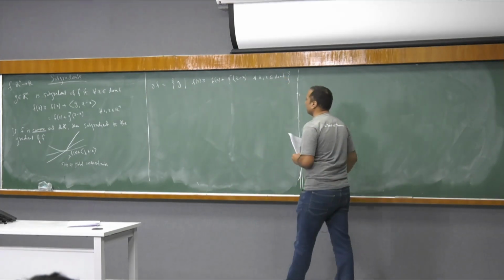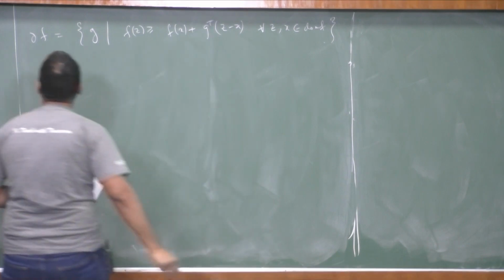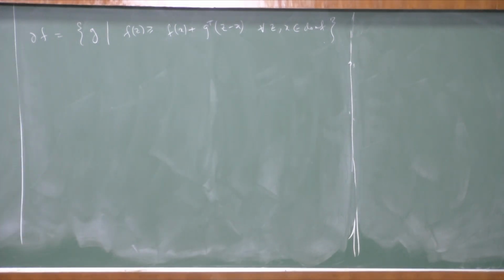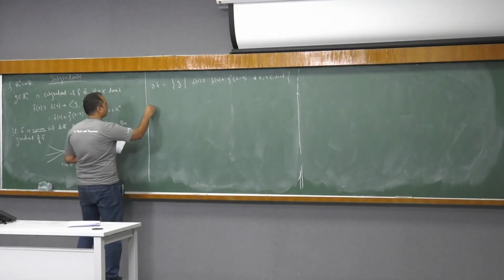Formally I define this subdifferential set. It so happens that the subdifferential set is a convex set. The subdifferential of f at a given point x is a convex set in itself.